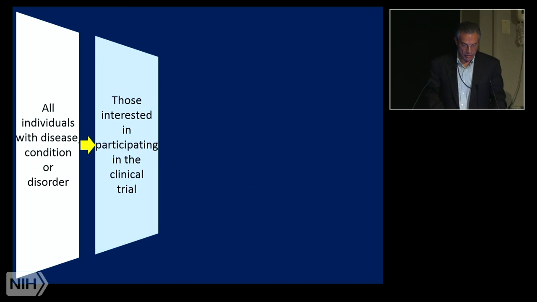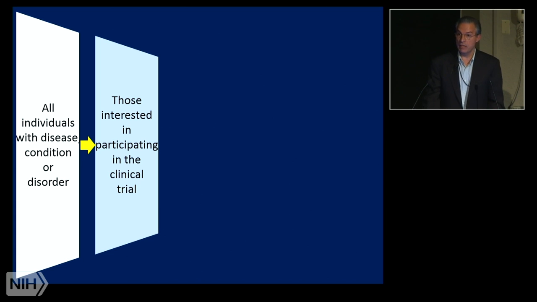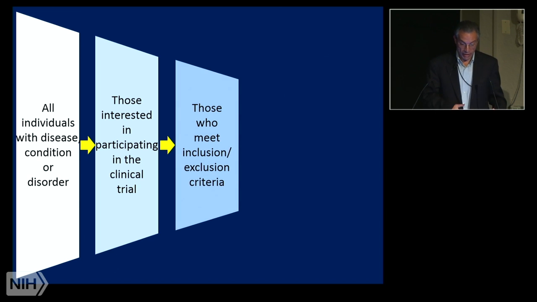First there's going to be some filtering: those who are interested in participating in the clinical trial. So that's the first filter. And then you're going to have another filter: those who meet the inclusion-exclusion criteria.